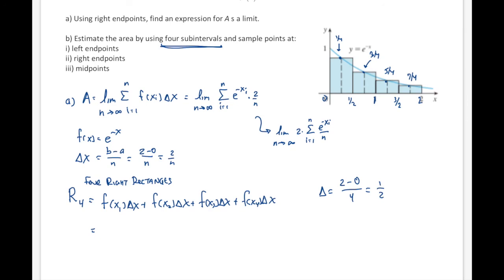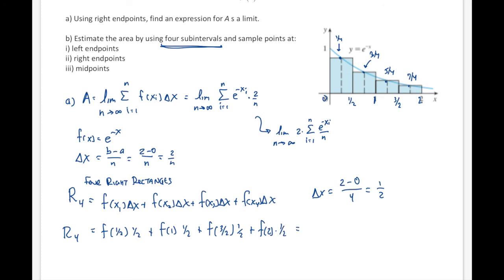The width of each rectangle is 1/2. So, for right rectangles, it's going to be f of 1/2 times 1/2 plus f of 1 times 1/2 plus f of 3/2 times 1/2 plus f of 2 times 1/2.